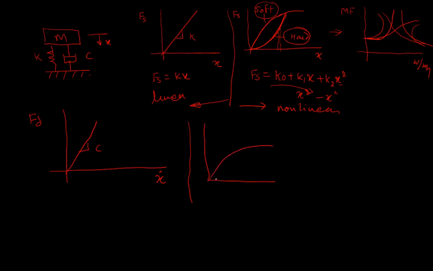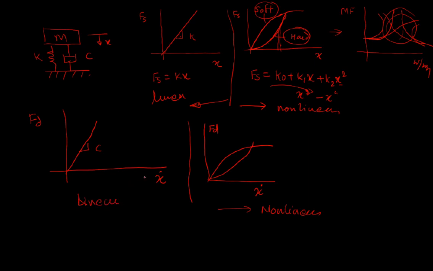If I have this curve or this curve, this is x dot and this is my damping force. Obviously, my pattern of observation will be something different for this case. Then this becomes a non-linear case, and this is a linear case.